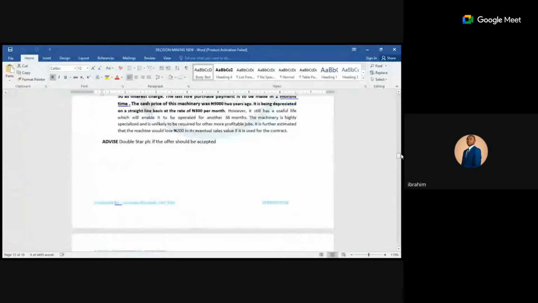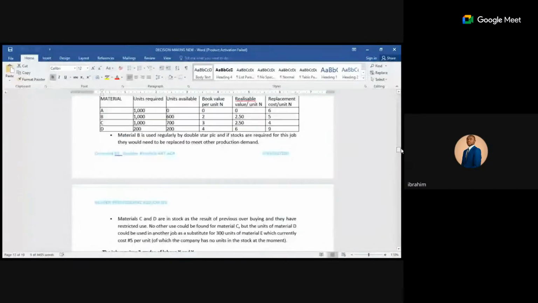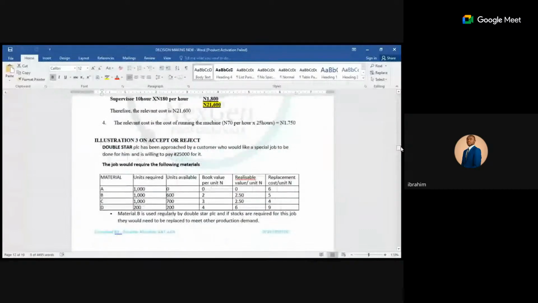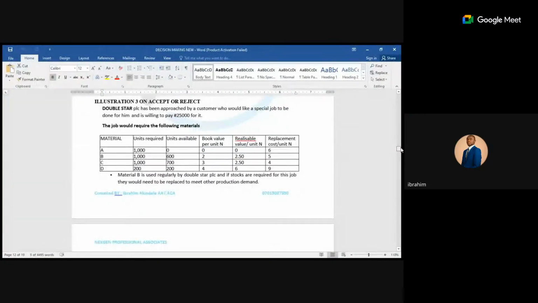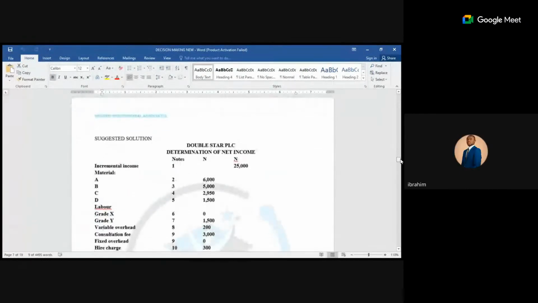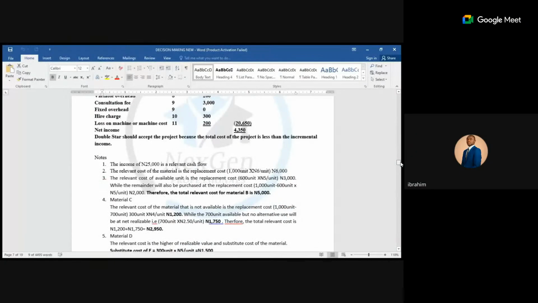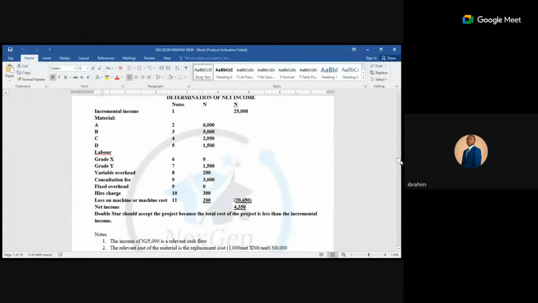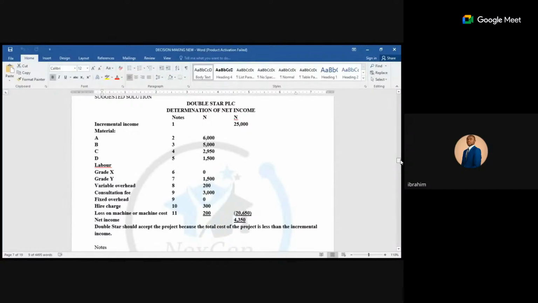We did a question on accept or reject. They are similar, but they are two different things. We solved a question on whether you accept or reject the proposal. This one is make or buy. Do you get? Okay. This was the question we solved in our last class. Double star. Can you see it? Where we have net income. Thank you.